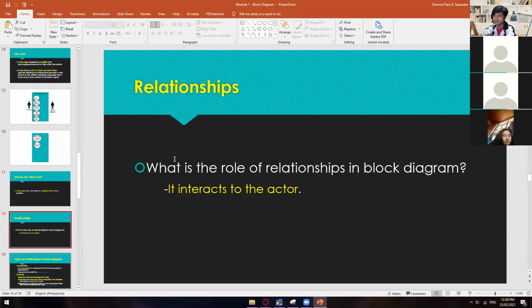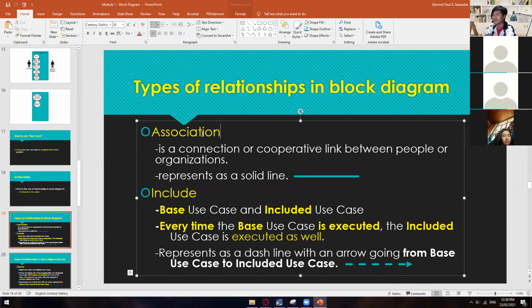And relationships. What is the role of relationships in a use case diagram? Basically, very simple. It interacts with the actor. Okay, so let me just show you guys different types of relationships. We have here the association, which is represented by a solid line. The association is a connection or cooperative link between people or organizations to your system.